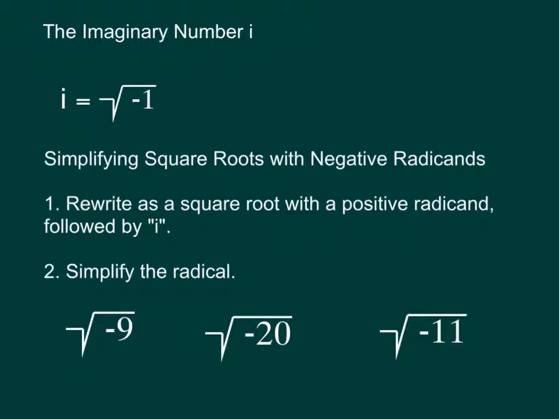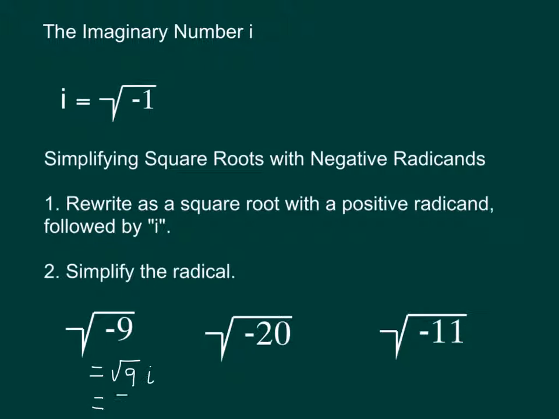The first step is just to rewrite it as a square root with a positive radicand followed by i, and then simplify the radical. So I've got three pretty simple examples here. First one is the square root of -9. All I'm going to do is rewrite it as a radical with a positive 9 and put an i on the end, and that'll make it easier to work with, because now I can just simplify the radical.